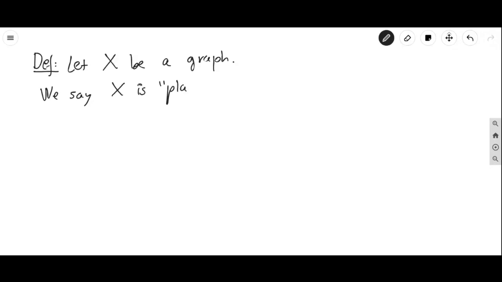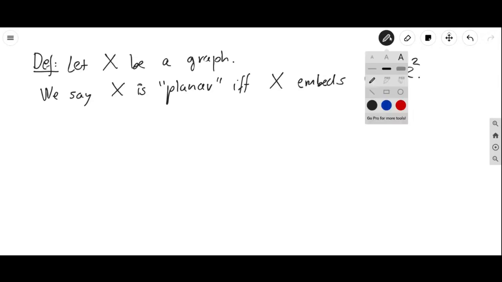So let's make a definition. Let X be a graph. We say X is planar, it's a planar graph, if and only if X embeds into R2. It can be embedded into the plane, hence the name planar for plane.